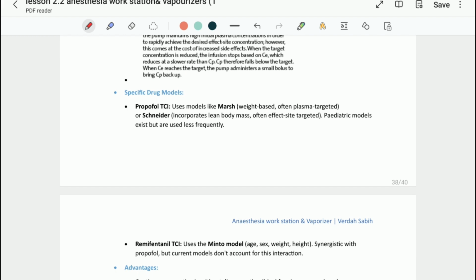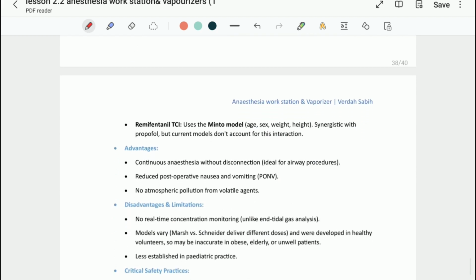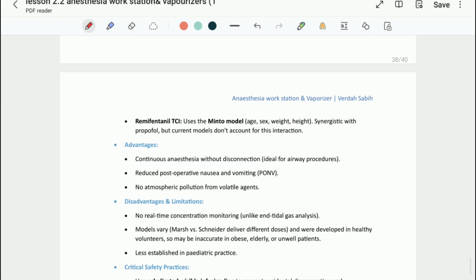The pediatric models also exist, but they are used less frequently. And there is also a remifentanil TCI, which uses Minto's model, which incorporates age, sex, weight, and height. And it is synergistic with propofol, but current models don't account for this interaction.